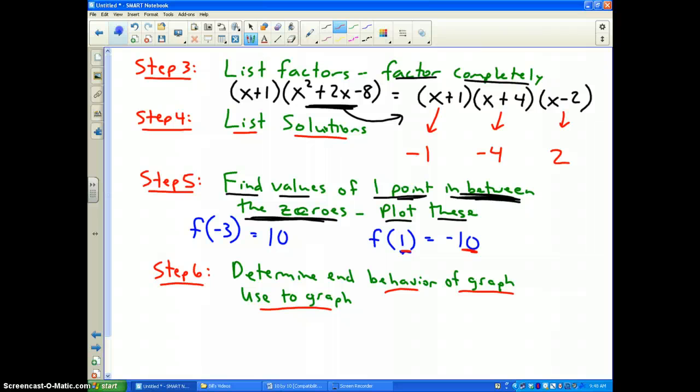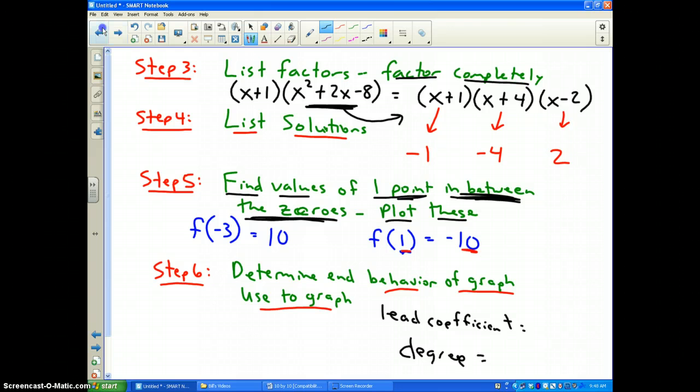Well, if you remember, the end behavior is determined by the lead coefficient and by the degree of the polynomial. The whiteboard here is a little off, so it's real tough to write accurately.